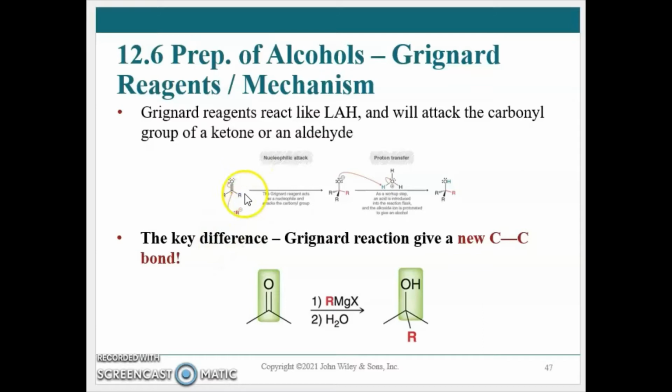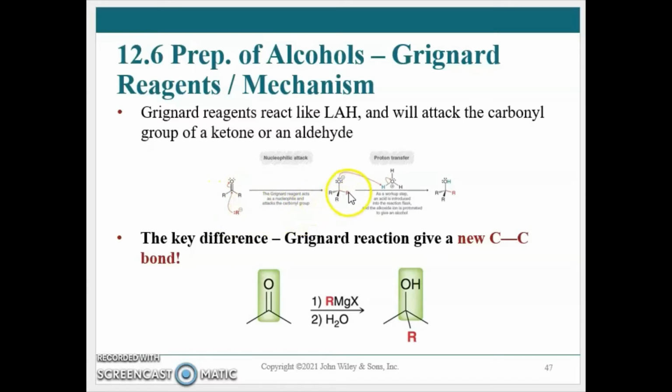So like the lithium aluminum hydride reaction, where hydride is the strong nucleophile, with the Grignard reagent, the carbanion is acting as a strong nucleophile as well as a strong base and will attack the carbonyl. And this will result in a new carbon-carbon bond.